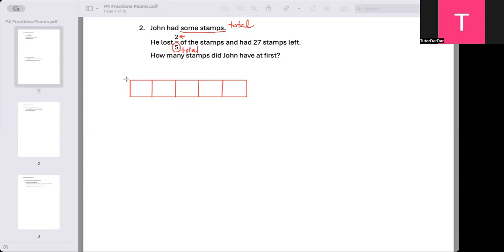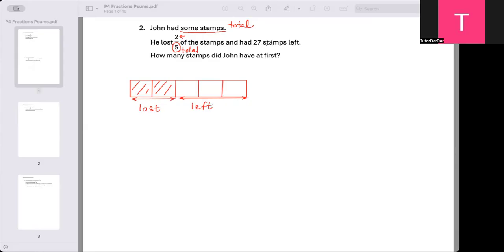Then we will be shading 2 units because this is what he lost. So from here to here will be lost, and from here to here will be what he left. This is lost, and this is left.